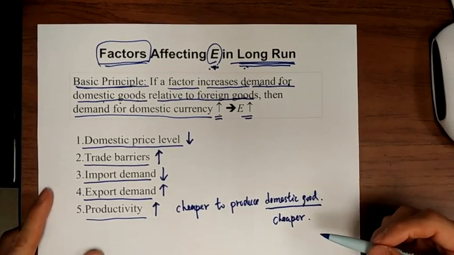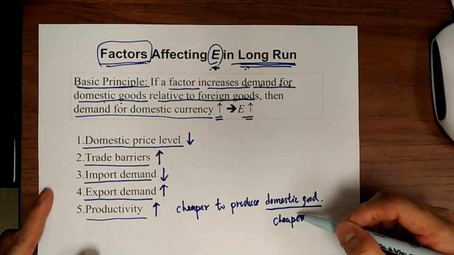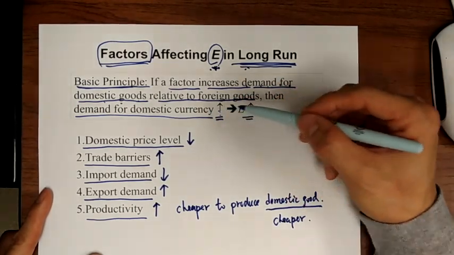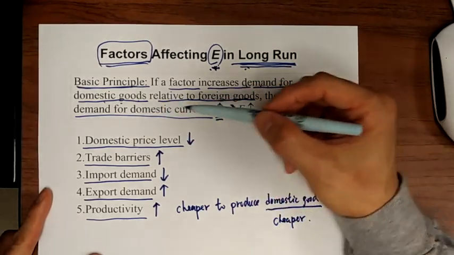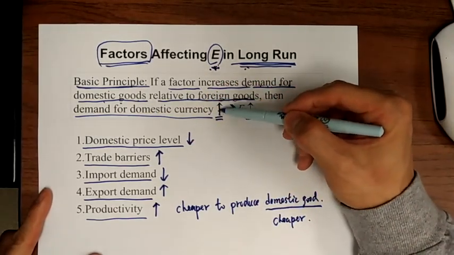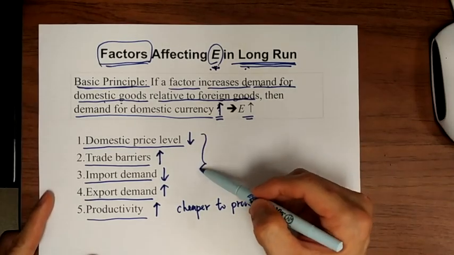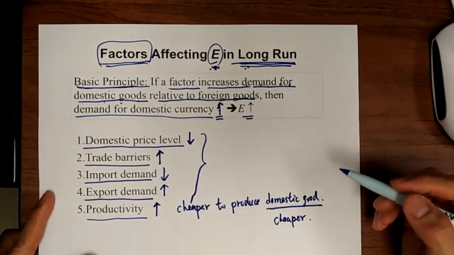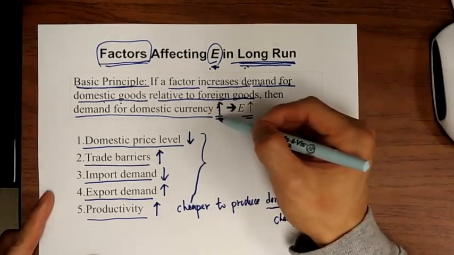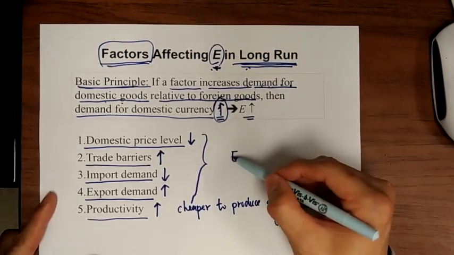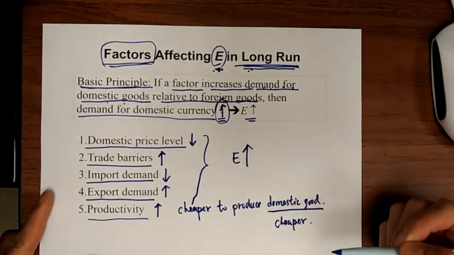Therefore, people want to buy domestic goods. They buy domestic currencies by selling foreign currencies. Therefore, domestic currency appreciates against foreign currency. So if these five situations happen, domestic currency appreciates against foreign currency. Therefore, exchange rate increases.